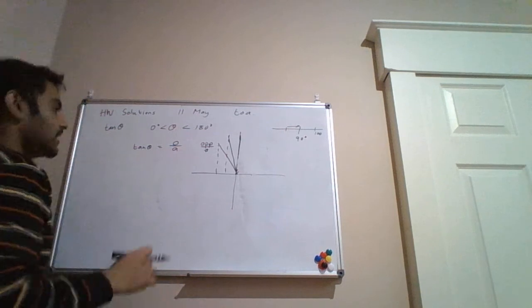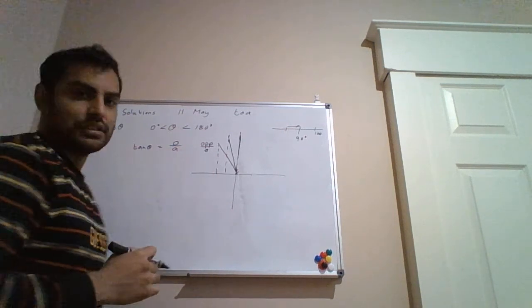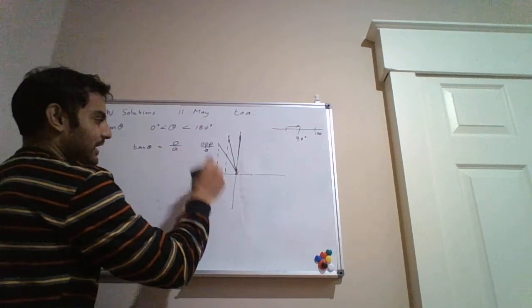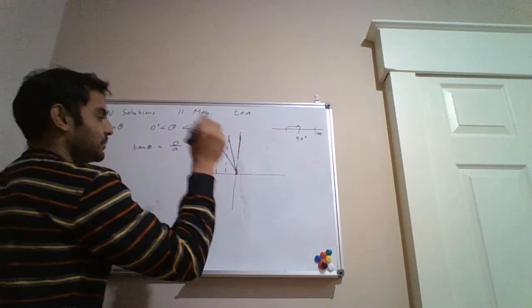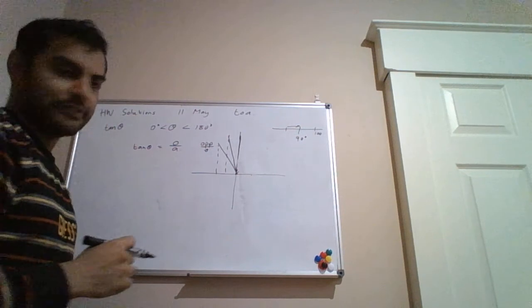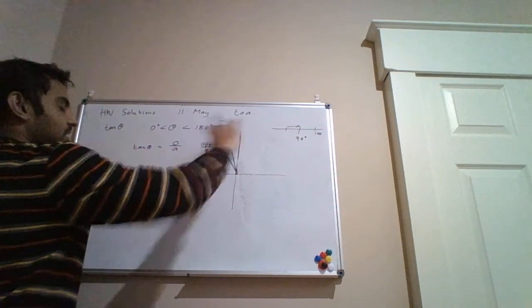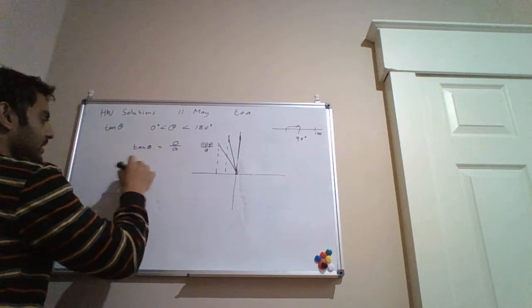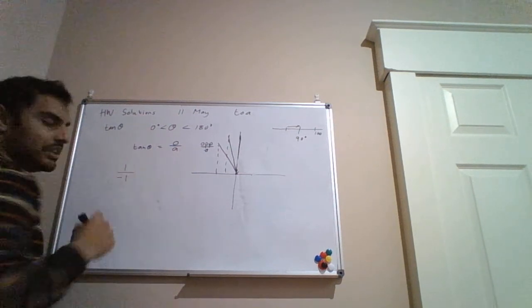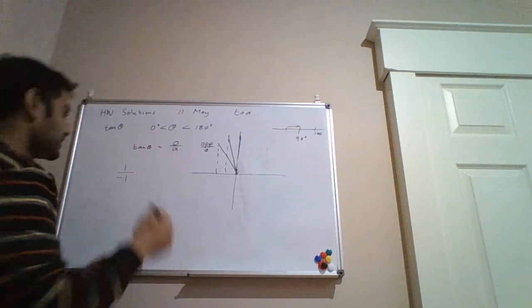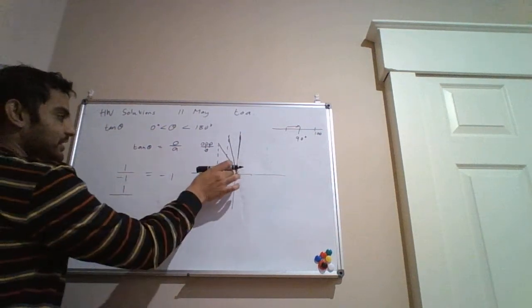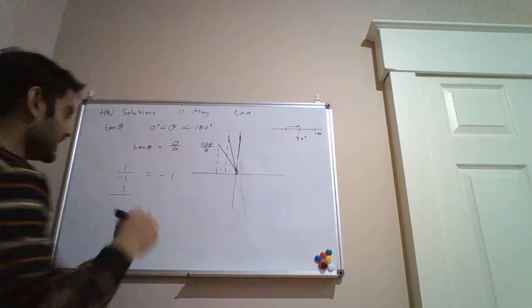Adjacent in the second quadrant is negative. So we're getting some negative number, then a smaller negative number, and a smaller negative number, and our opposite remains positive. If we express this with a few numbers, we could start off with, say, 1 over minus 1, which is negative 1. Now our adjacent is becoming smaller and smaller, but it's still negative.